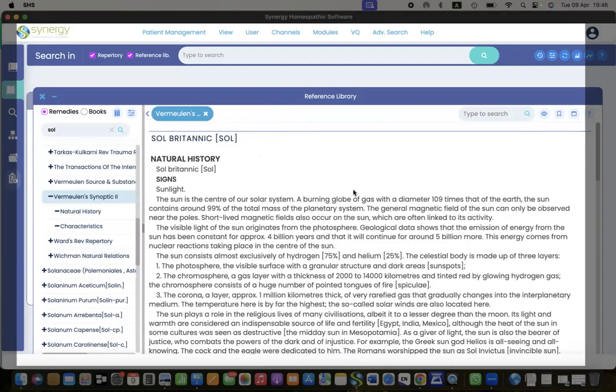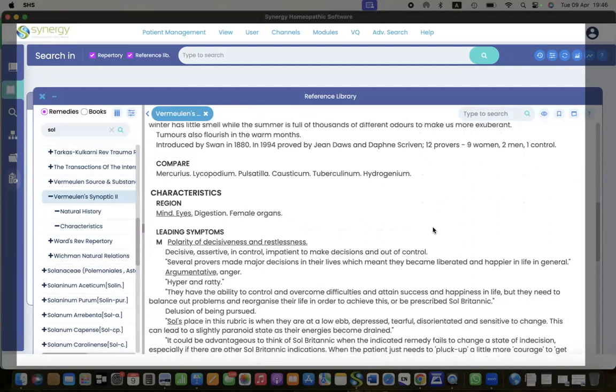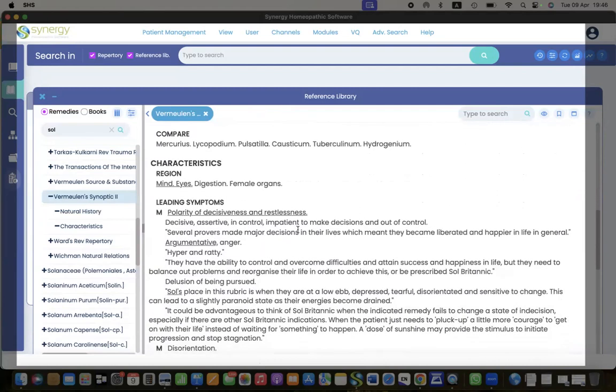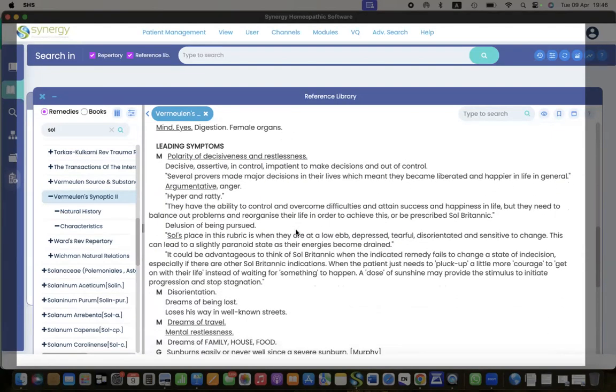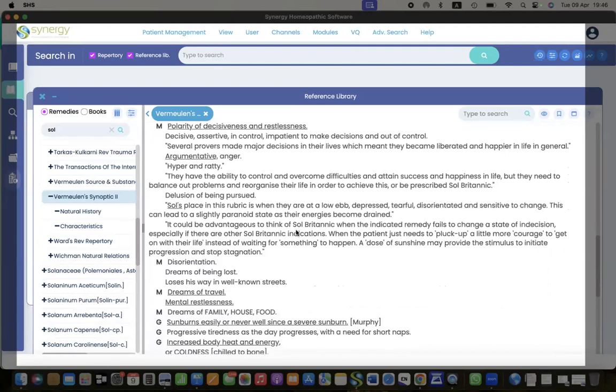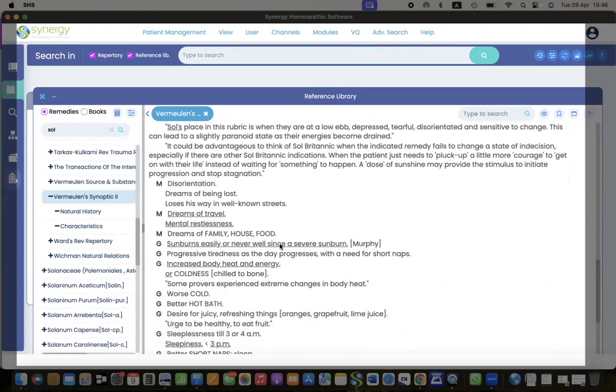Okay, so a bit about the natural history of the sun. He spoke about that restlessness as well, and kind of decisiveness. It talks about disorientation here, but I do know also about the idea of the soul having an idea of direction.